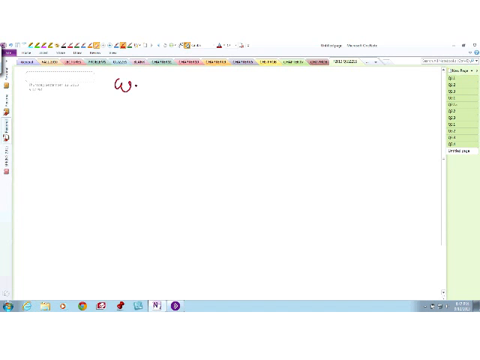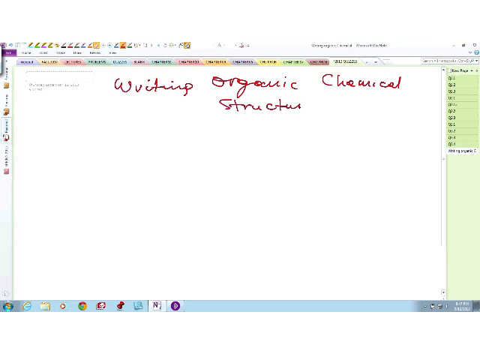This is writing organic chemical structures. I know we've done some of this before, but I do want to reiterate this concept because it is very important going forward. Let's assume we have this molecule here.